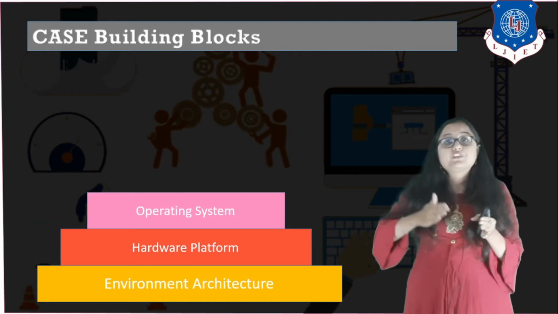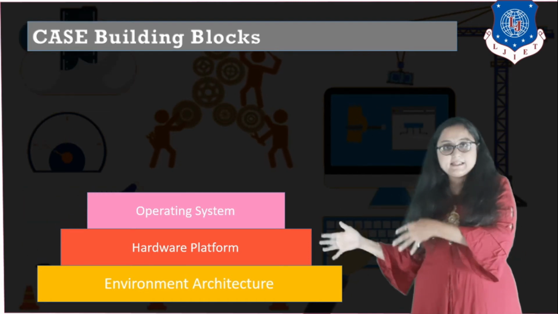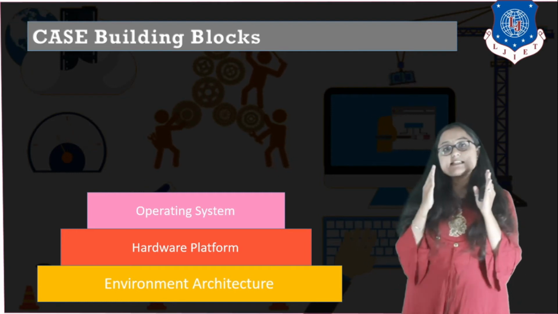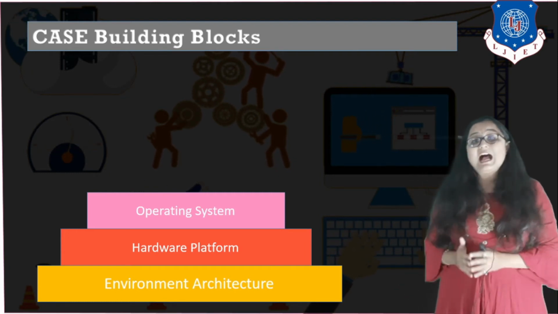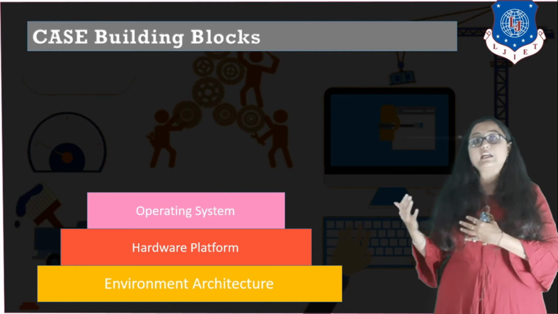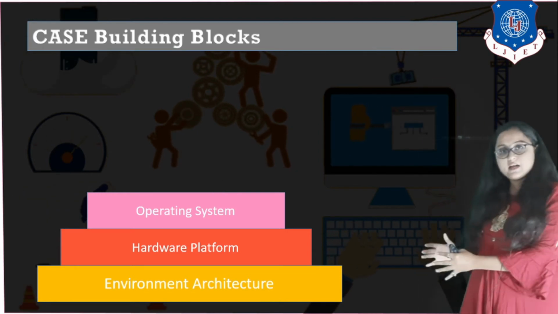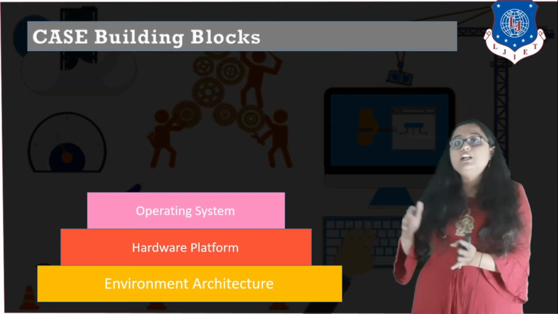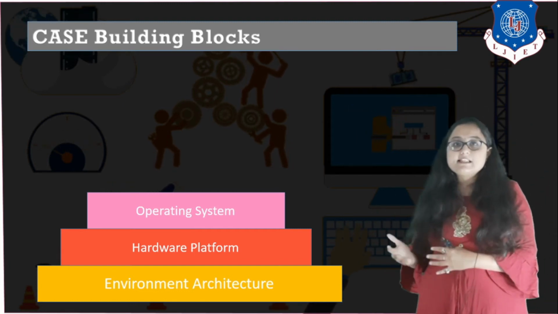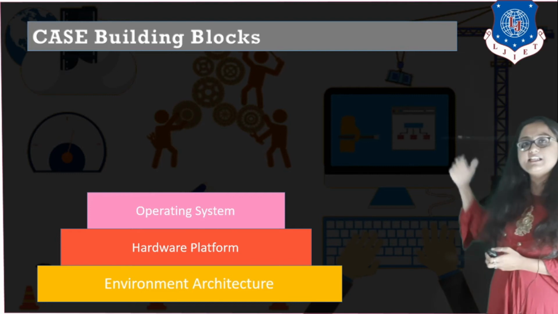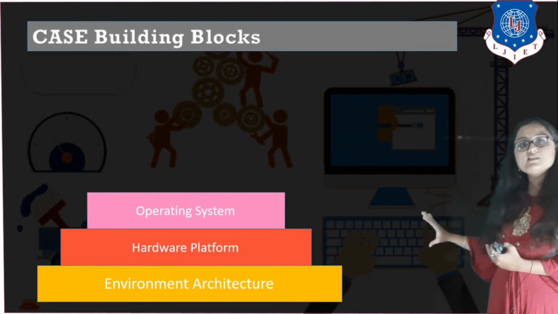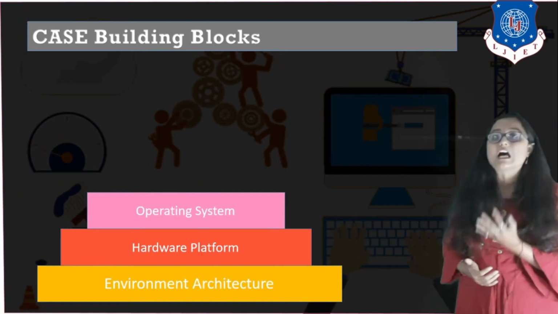So you have a different number of tools for CASE. Now because it is a single project, I want consistency and I want interaction between these tools, right? So if you have an environment in which these tools can communicate with each other flawlessly, then that is known as CASE building blocks. So for this, the first thing that you need is an environment architecture.